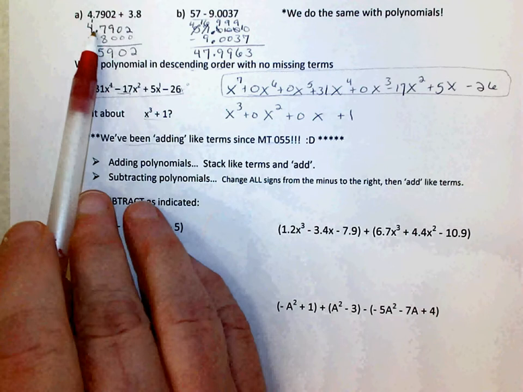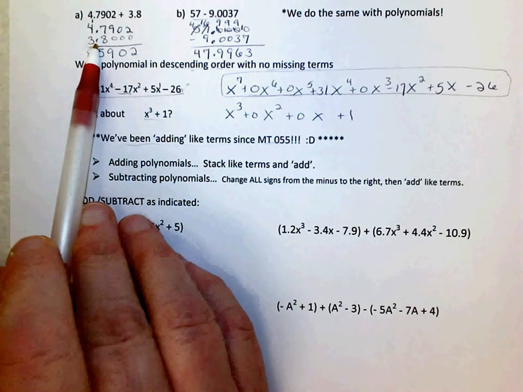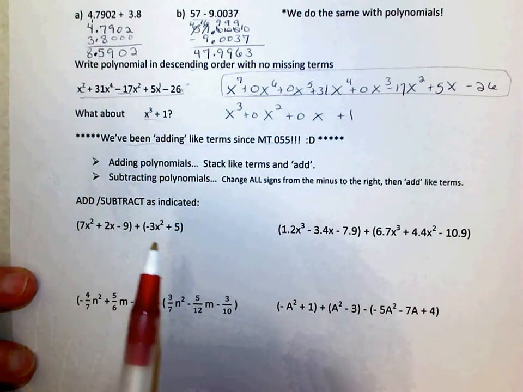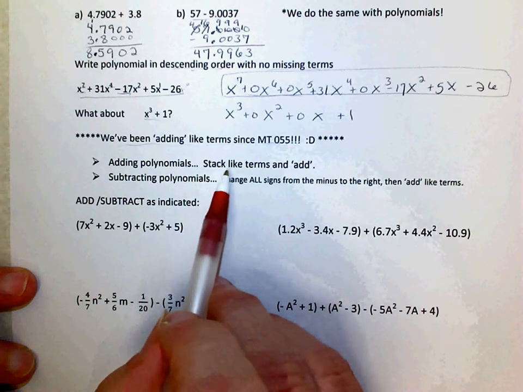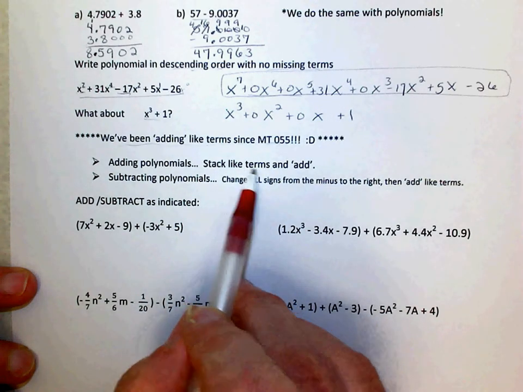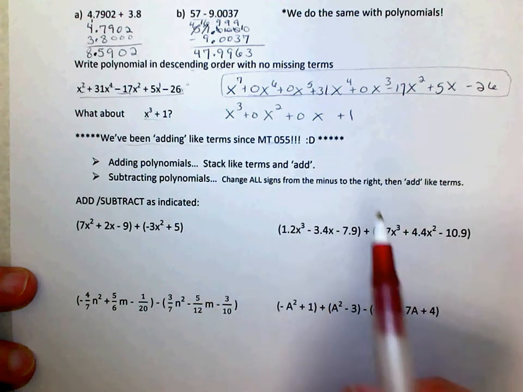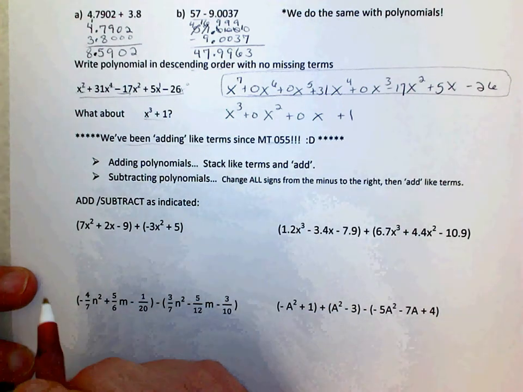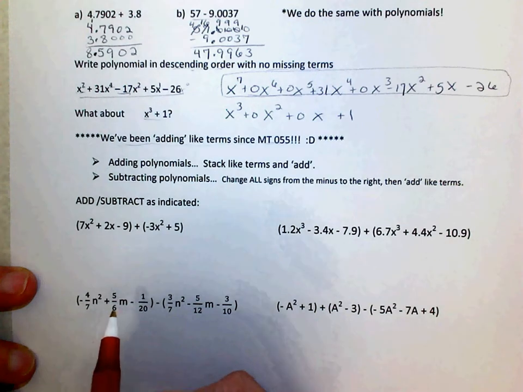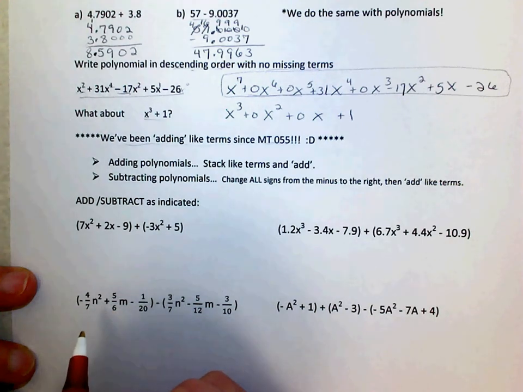You had to stack your like decimal place values. Okay, well here you stack your like terms, and then technically you add. Well, sometimes you have to subtract because one of them's a minus. But remember, if both are plus, both are positive, or both are negative, you have to add them and keep your sign.